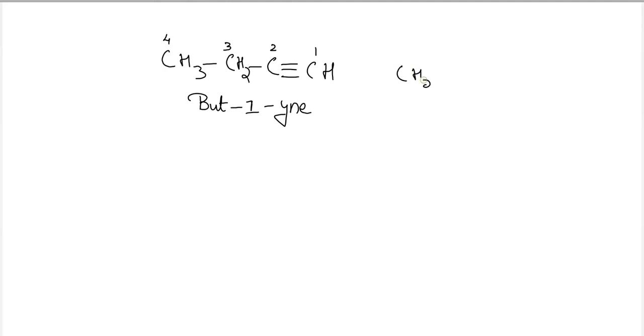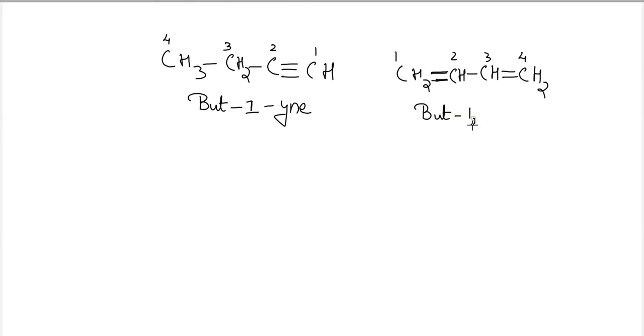One more example we can take, CH2 double bond CH double bond CH2. Okay, so here we can start the numbering either from the right hand side or from the left hand side. In this case the symmetrical nature is there in this compound, so we can start the numbering from either side, and in both cases we will find the same locant positions. Okay, so now the name of this compound will become but.